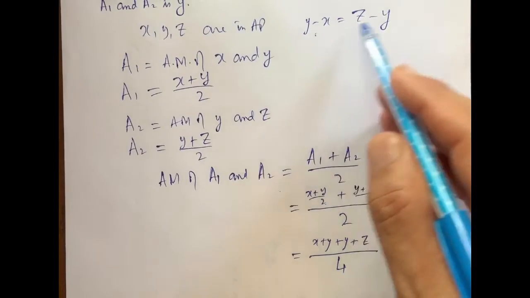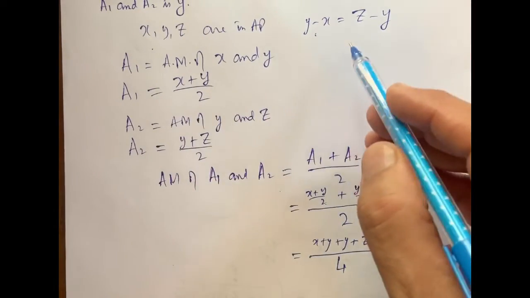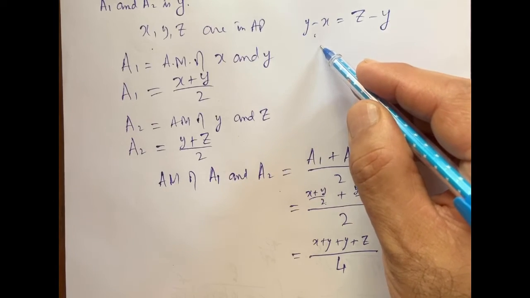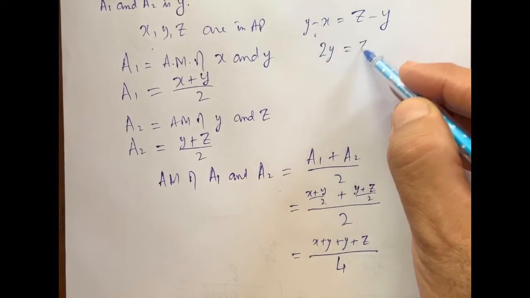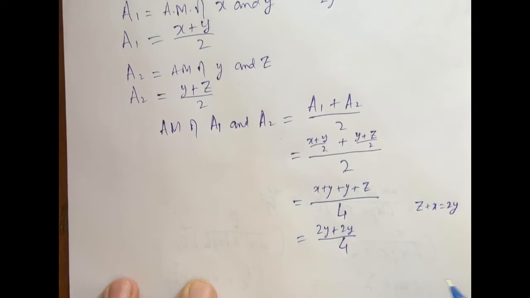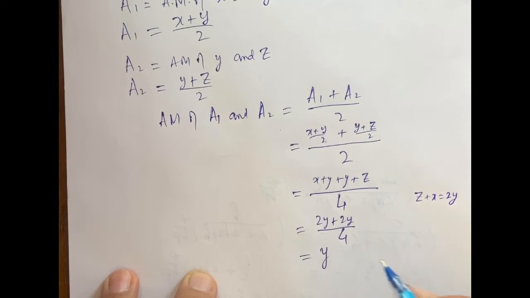Now from this relation that x, y, z are in AP, we wrote y minus x is equal to z minus y, or we can say 2y is equal to z plus x. So here we replace z plus x by 2y. So this is 2y plus 2y upon 4, 4y upon 4, this is y. And this is what we wanted to prove.